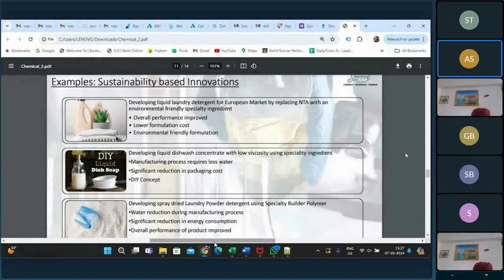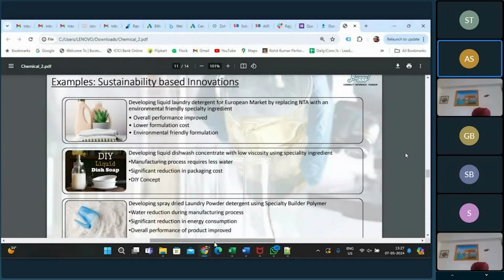Similarly, the second one I would give as an example. I have filed a patent for the second one. It should soon come by the end of this year. This is a liquid dishwash concentrate that was developed. If you make any concentrate of a dishwash, it will become a thick paste like a toothpaste.